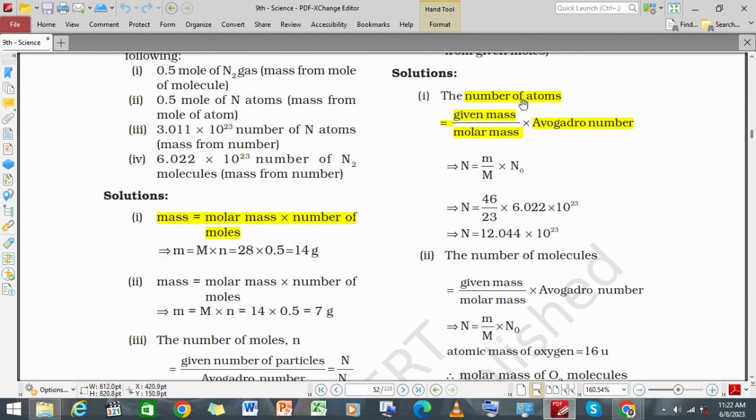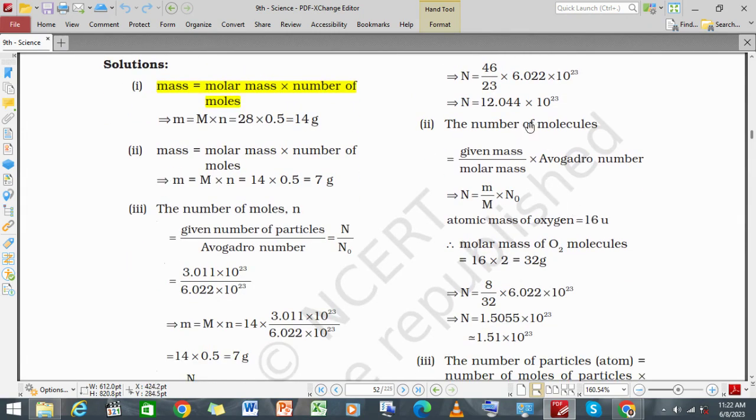Firstly, the number of atoms we have to find out. So we take the given mass divided by the molar mass, into Avogadro number. The given mass is 46, the molar mass of sodium is 23, and Avogadro number is this. We will divide and we will get 12.044 into 10 to the 23 atoms.